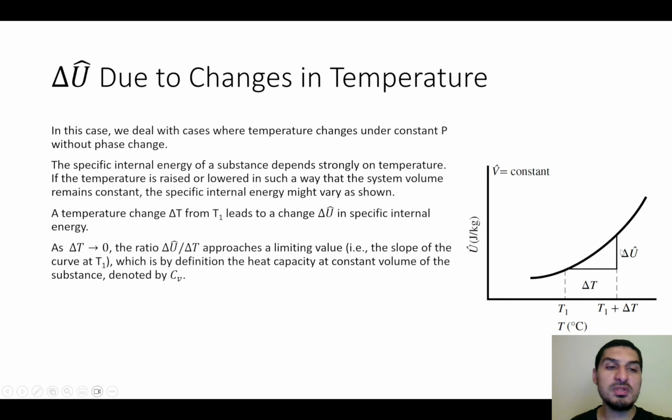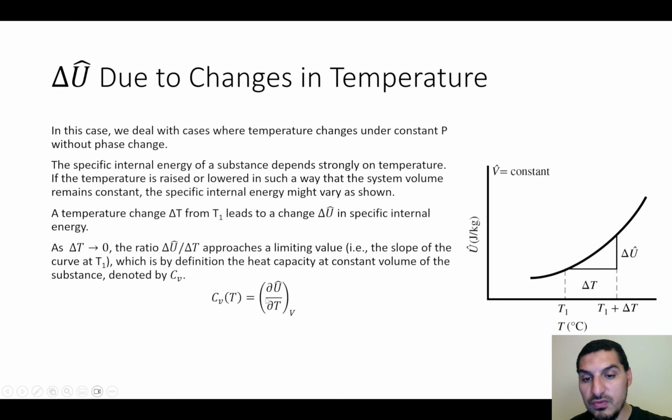We know from thermodynamics that this slope, which is delta U over delta T, is called the heat capacity at constant volume, which is denoted by CV. So CV is the specific heat capacity at constant volume, and it's defined as we see here. It's CV as a function of temperature.